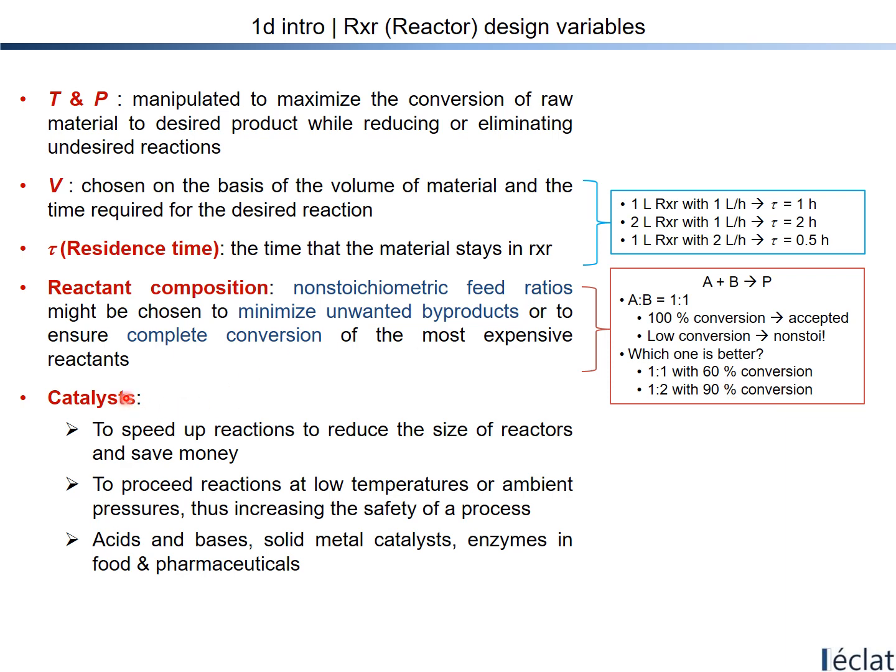The last reactor design variable in this slide is catalyst. Catalyst is used to speed up reactions, to reduce the size of reactors and save money.